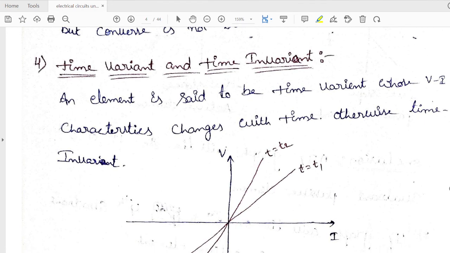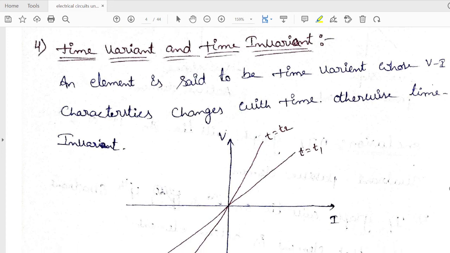An element is said to be time variant if its VI characteristics change with time. Otherwise, I can say that element is time invariant. So if the VI characteristic of a particular element is changing with time, then I can say it is a time variant element. Otherwise, I can say that element is time invariant.